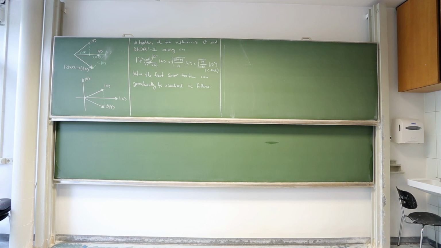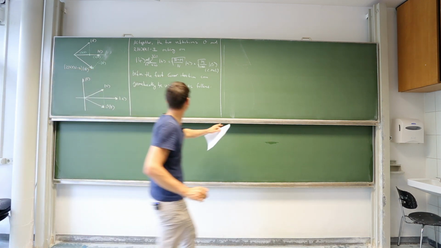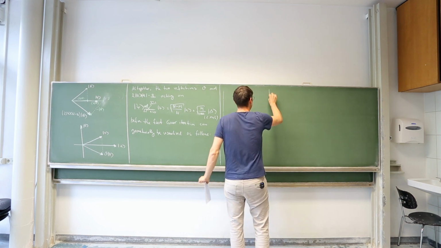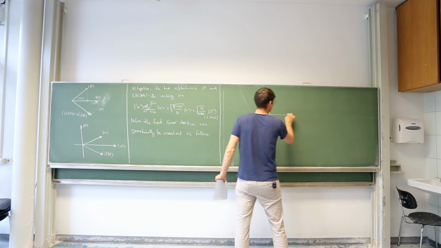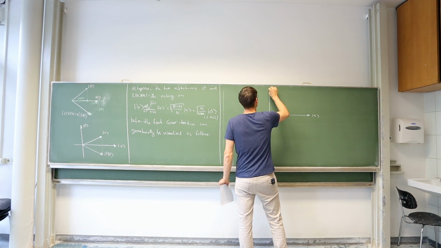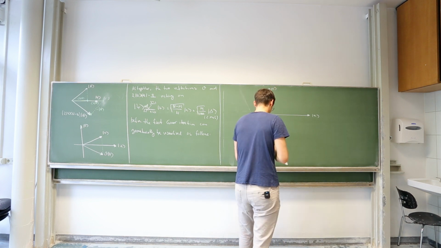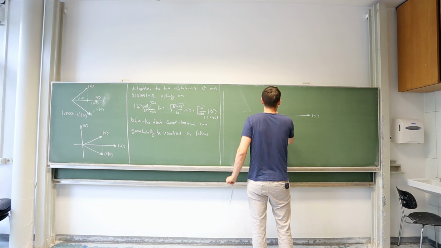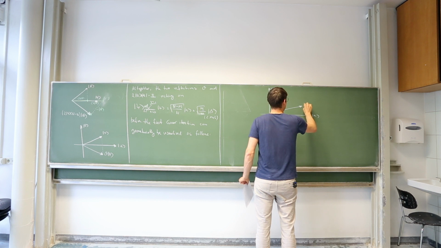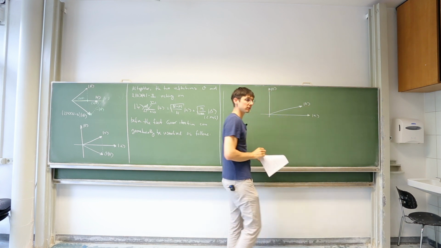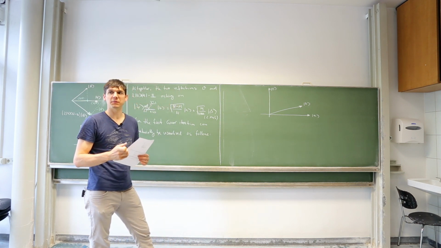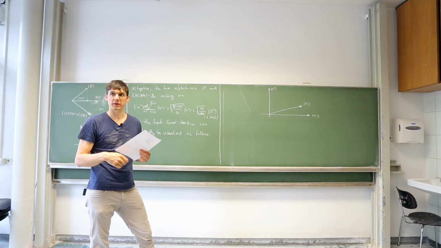I think I'm going to use the other blackboard here. So suppose this is our initial state |ψ⟩. And now, for the Grover iteration, the first thing that happens is this oracle operation.